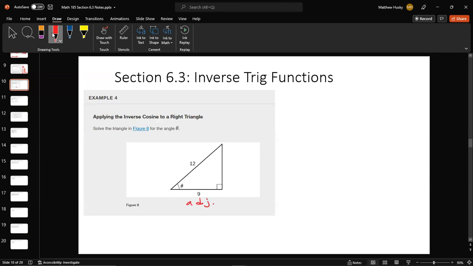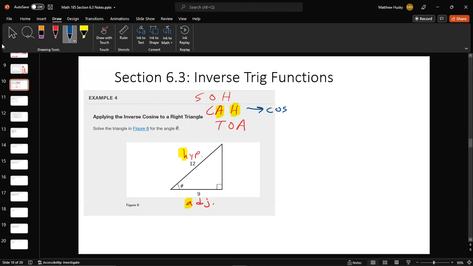This is across from the right angle, so this one right here is going to be the hypotenuse. So if you go by SOHCAHTOA here, what you will notice is I have the hypotenuse and I have the adjacent. Those are the two sides I know. So the cosine is what I need to use. So we're going to use cosine.